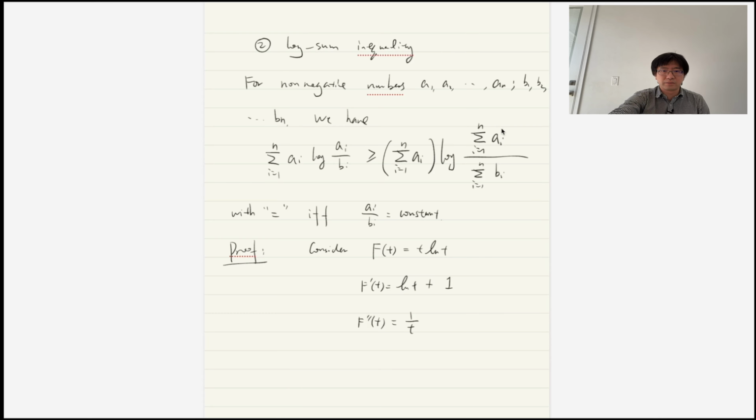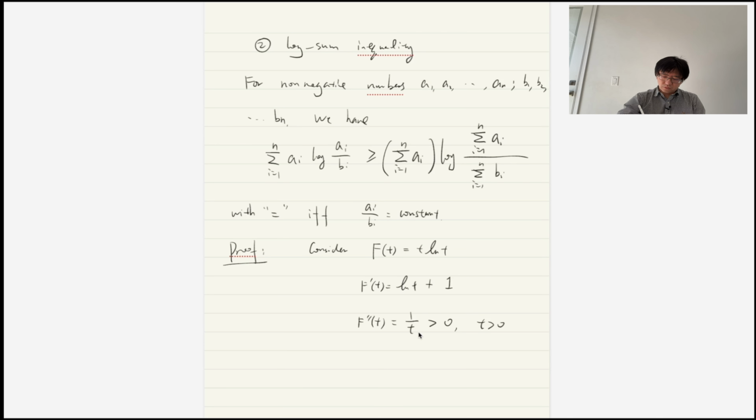All the a and t are bigger than 0, and clearly when t is bigger than 0, it's bigger than 0. So we can conclude that f(t) is convex. And when t is bigger than 0, this cannot be equal to 0, so we can conclude that f(t) is strictly convex.